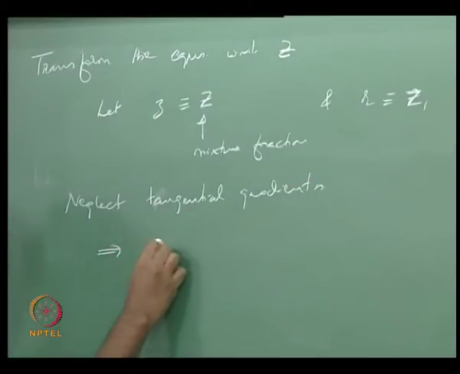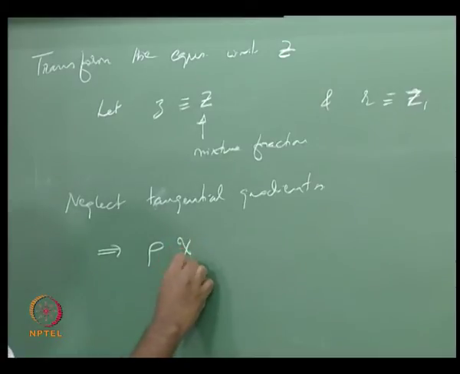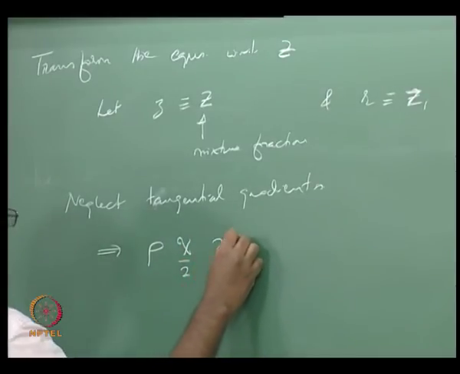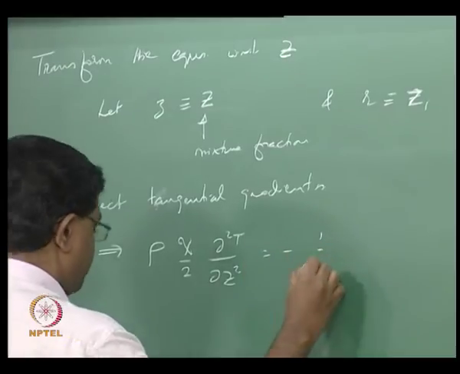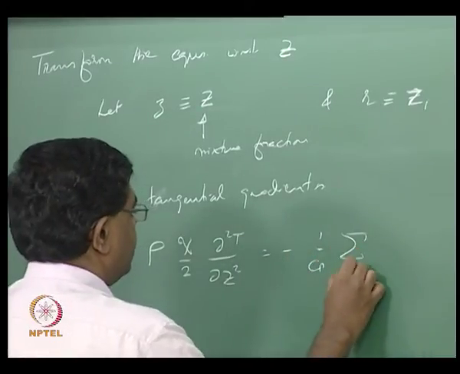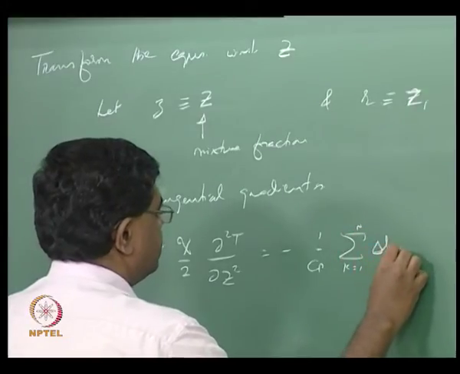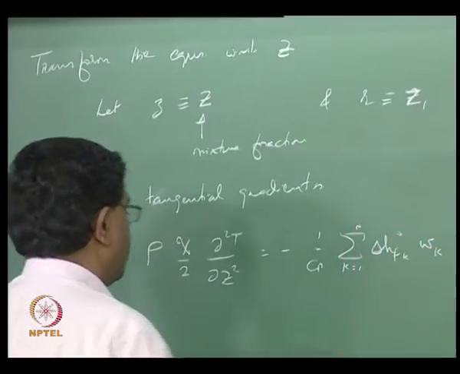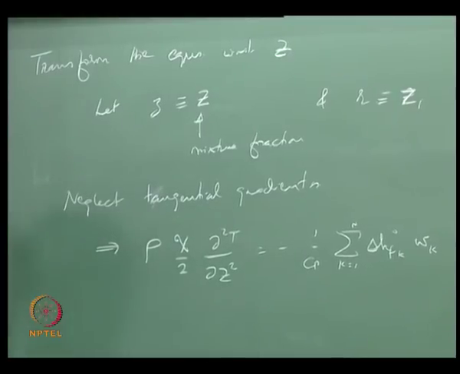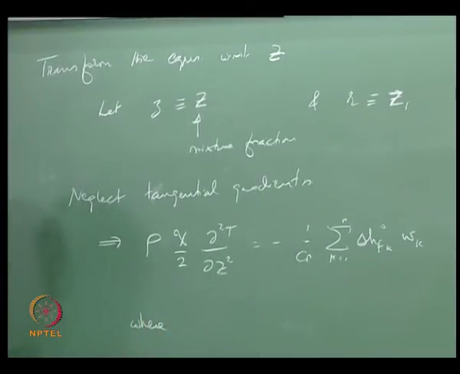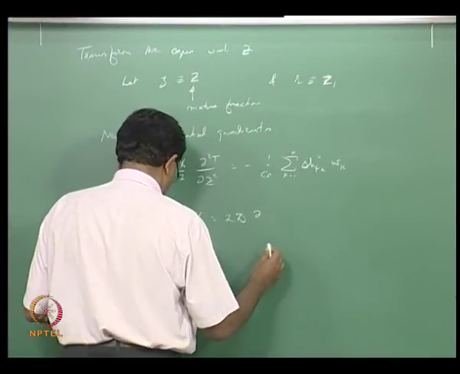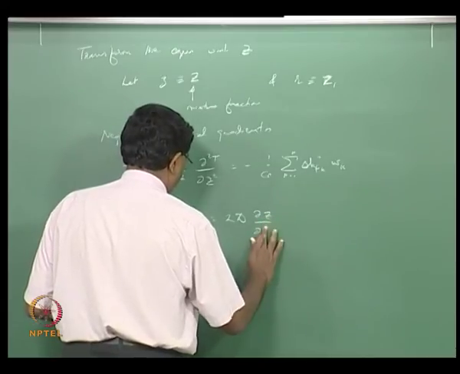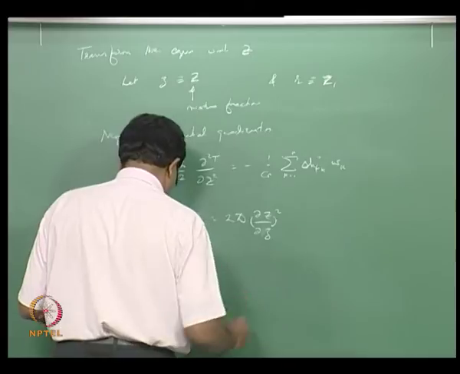and you will now get something like rho chi divided by 2 dou squared T by dou capital Z squared equal to minus 1 over Cp sigma k equals 1 to n delta Hf naught k omega_k, where chi is 2D dou Z by dou x the whole square.